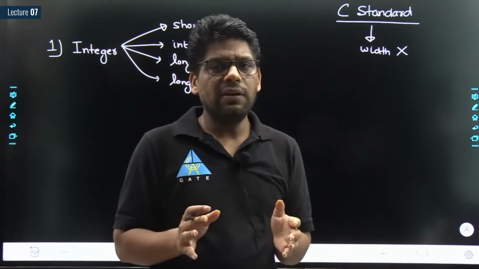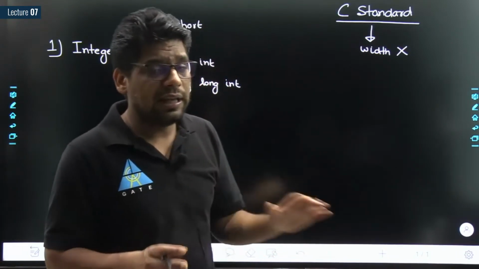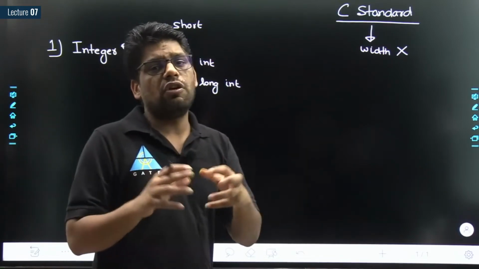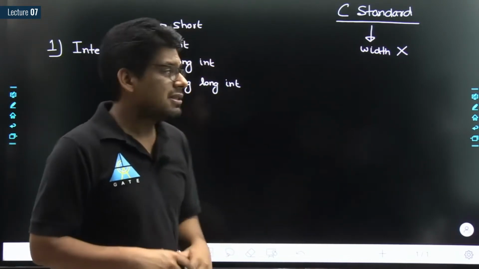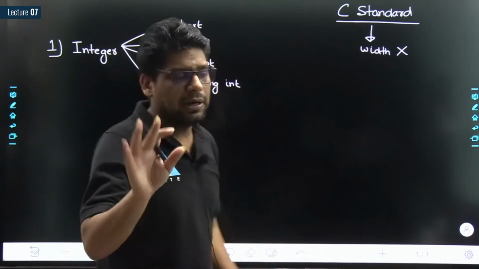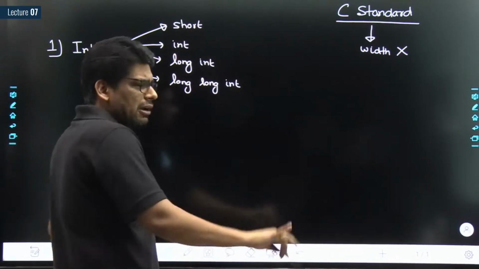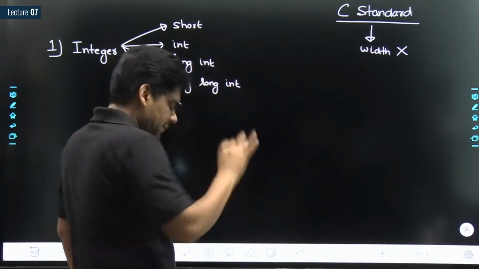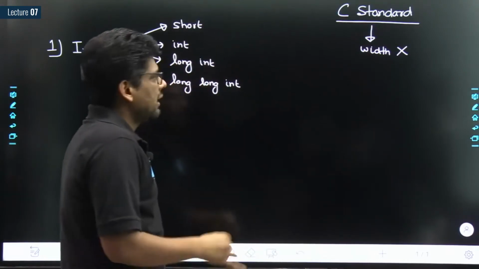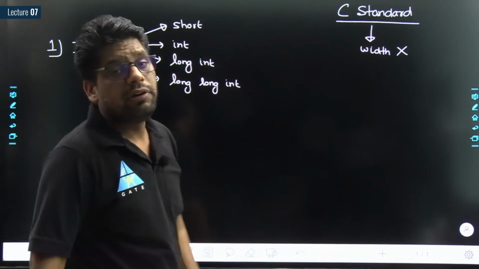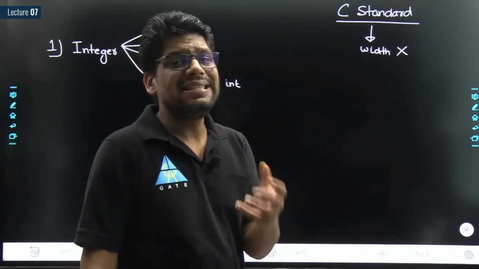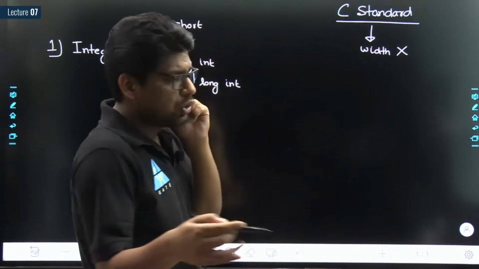As per the C standard, it does not tell anything about the maximum size of any data type. We don't know anything about the maximum size, but the minimum requirement on any compiler is 16-bit. We will talk about it later, but in this video we will talk about the typical implementation on GCC, that is almost all compilers.